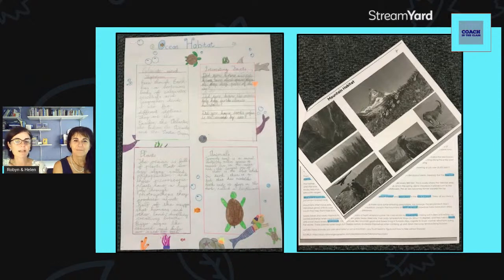As Coach in the Class, we provide little packs around different habitats, with pictures and information, and we give them some guidelines: these are your 4 headings, and they are encouraged to pick out information from what we've given them and write it in their own words. So that's what they did here.